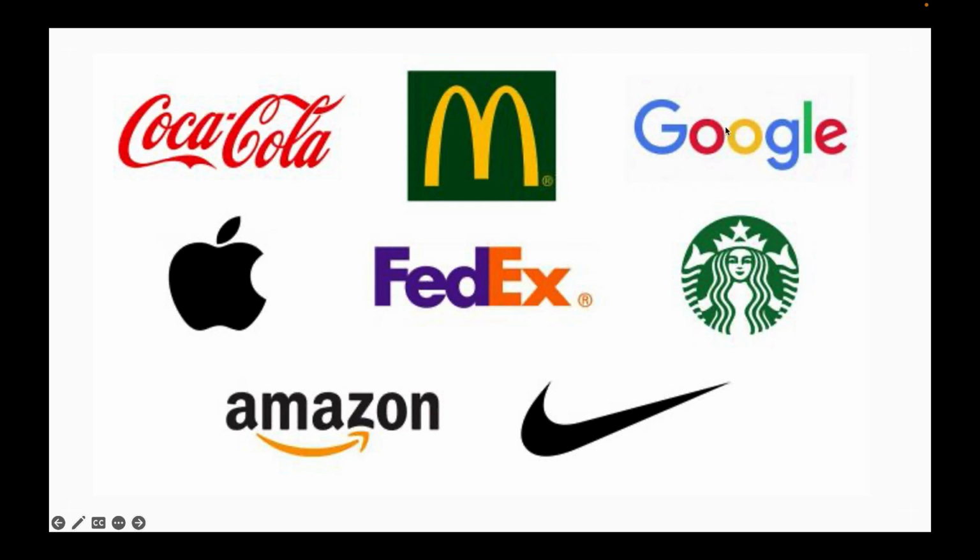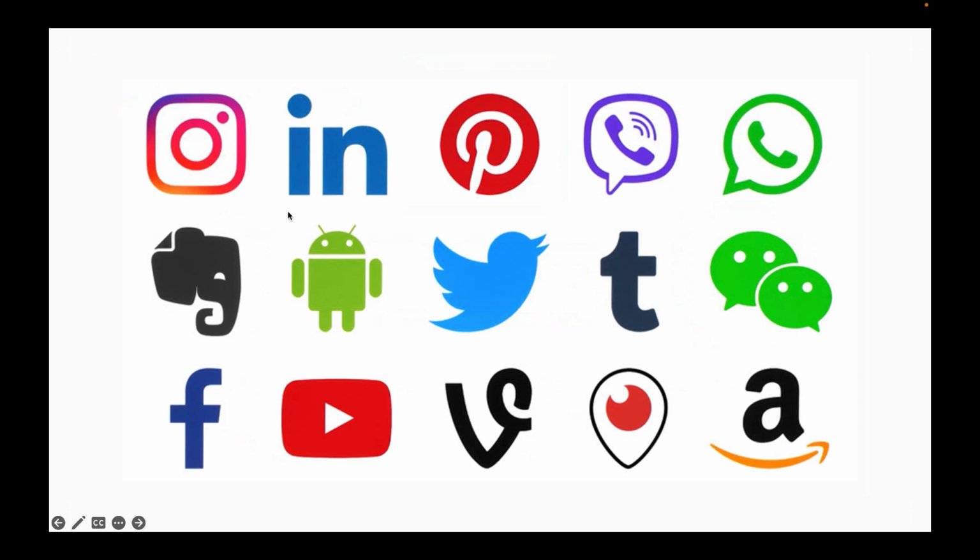Google has a whole history behind this. Starbucks, we've heard of that a lot. It's available internationally. They have this logo. Nike, Amazon, so many different kinds. These all have little stories behind these logos. If you see more, Instagram, YouTube, Pinterest, so many more over here, Facebook. So these are all called logos.